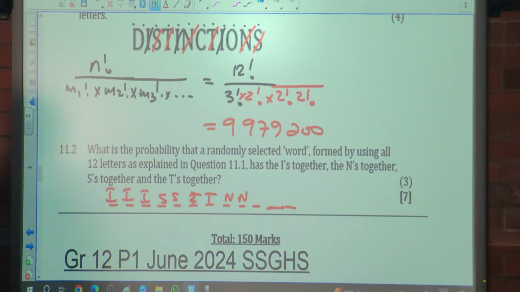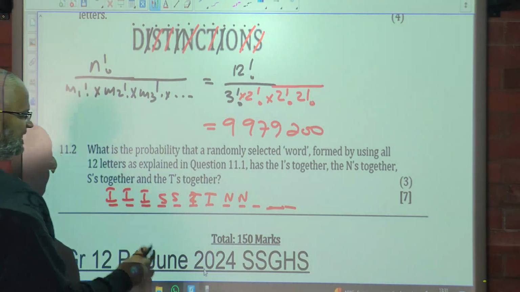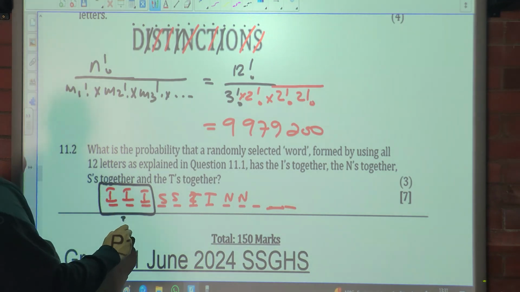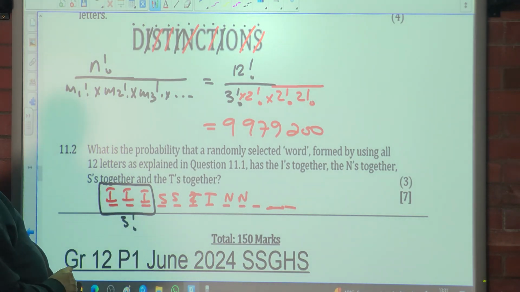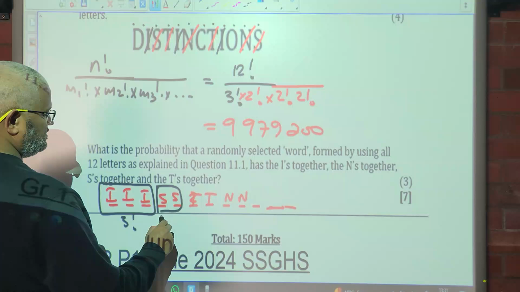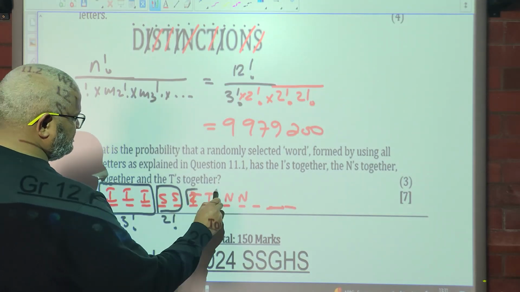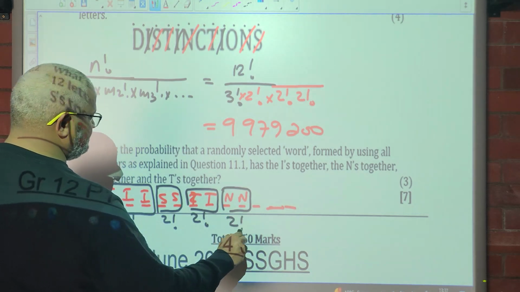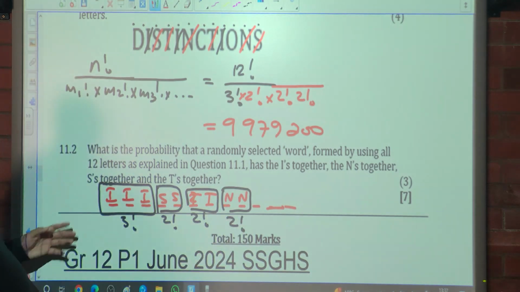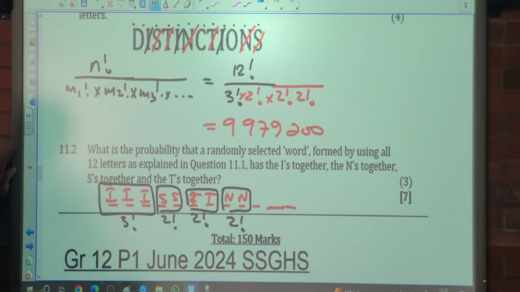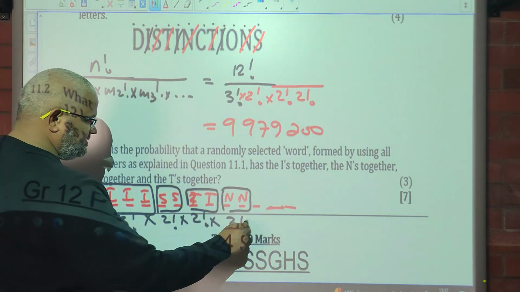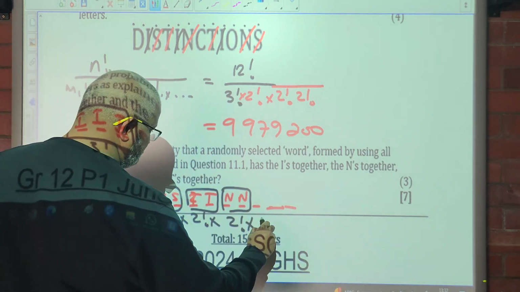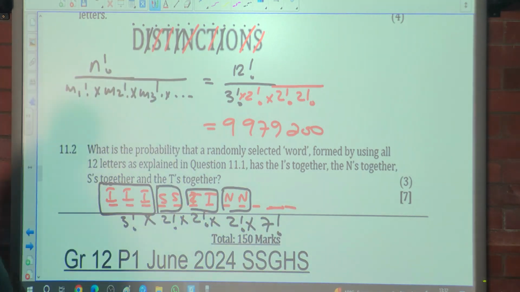Okay. And what I do is I bind them. So they can sit in how many ways? 3 factorial ways. How many ways can they sit? 2 factorial. And then 2 factorial. And then 2 factorial. But remember, now we're going to treat this as one bit when you bind it up. So it's going to be 7 factorial.